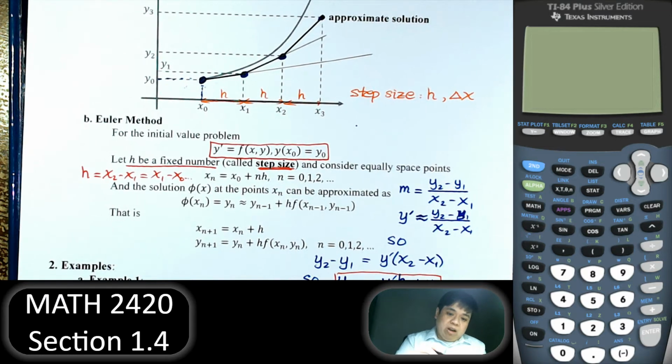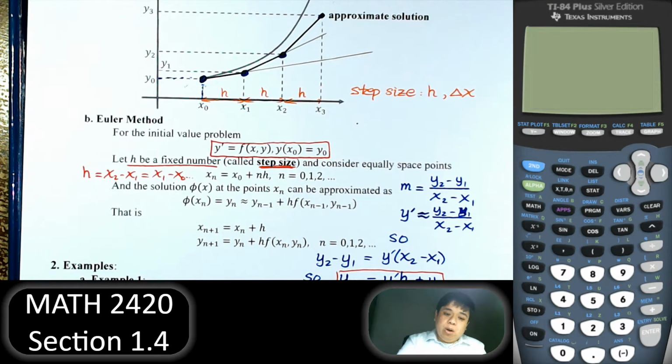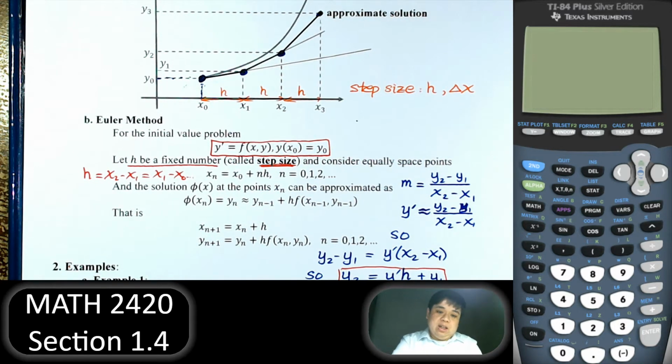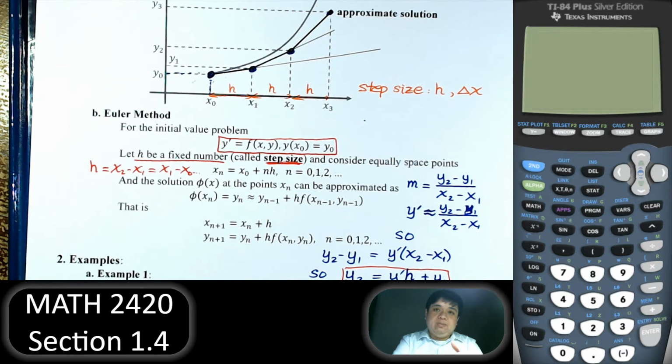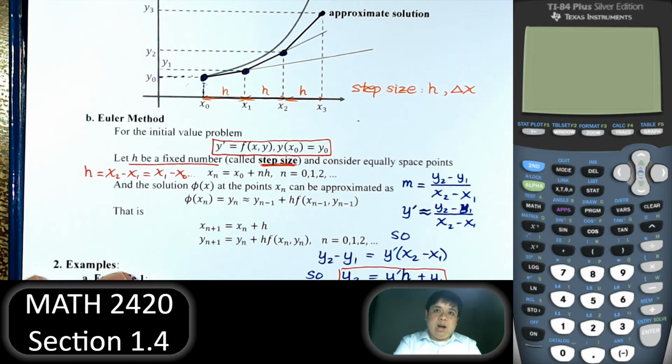Mathematically, that's what we arrived at here. So when we have x1, y1, we have x2, y2, and then after that y3, y4, y5, and so on. So we have different y values corresponding to the equally spaced x values.